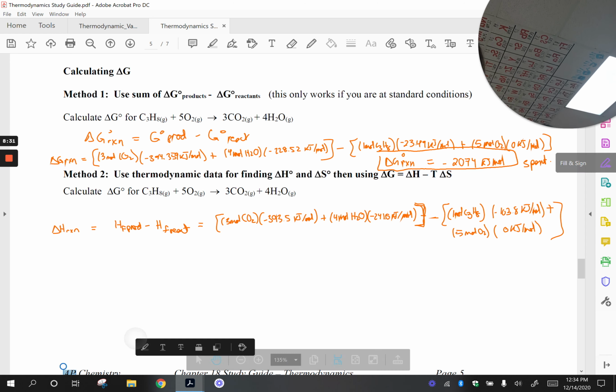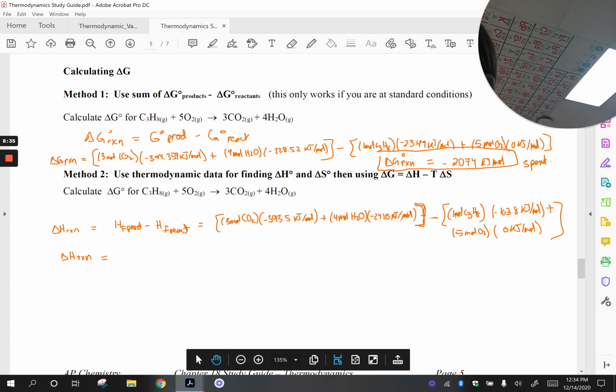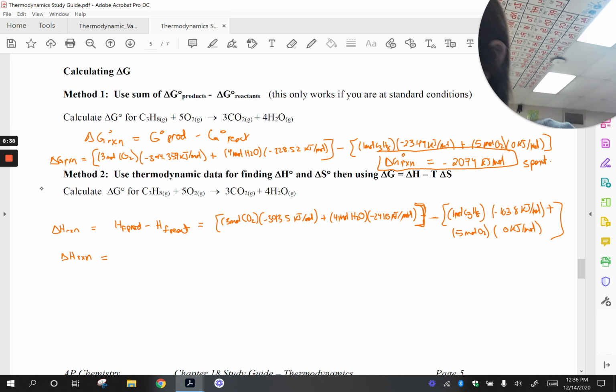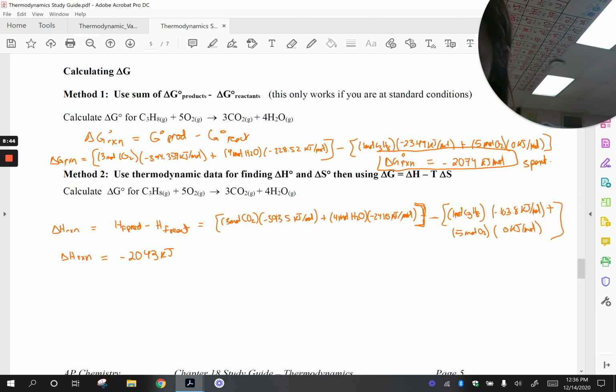Okay, products minus reactants, I get delta H of this reaction to be negative 2,043 kilojoules for delta H.